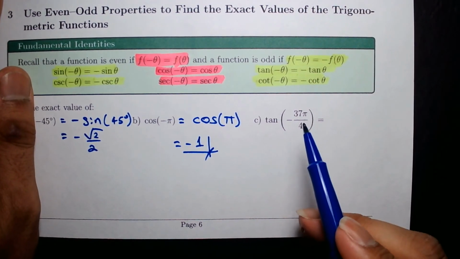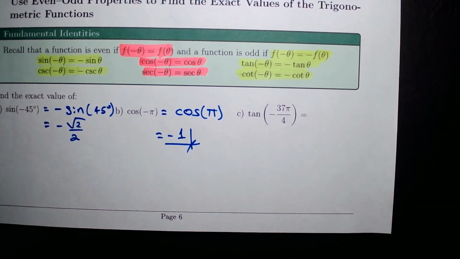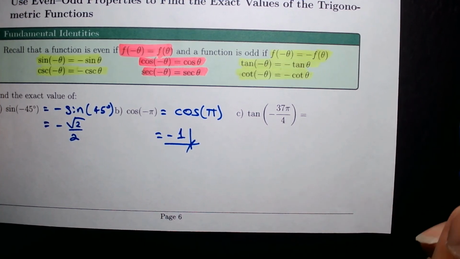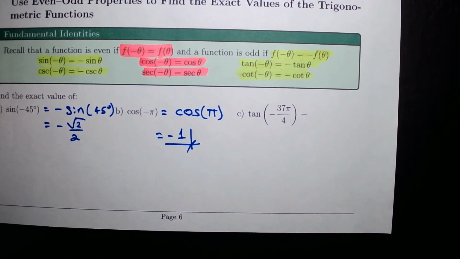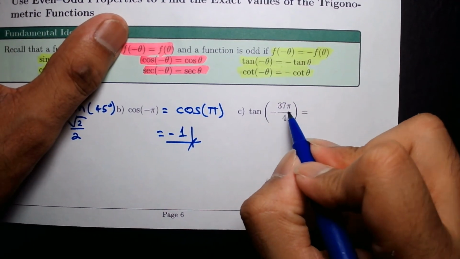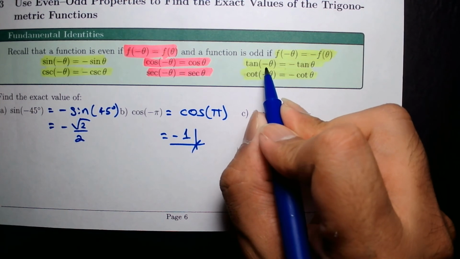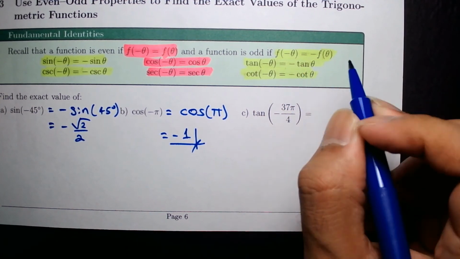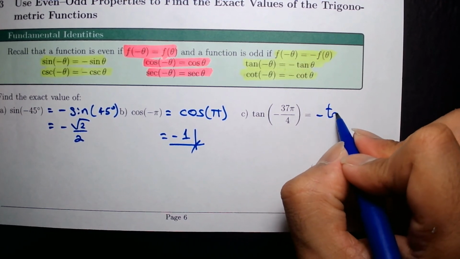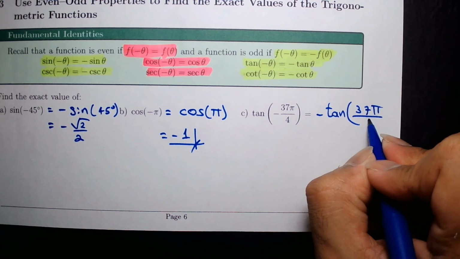Now, tangent of negative 37 pi over 4. Oh boy, this one is going to be a bit of a mess, because it's going to be a really huge angle. So what we're going to do is take out the negative sign, because the tangent function is an odd function, so that's going to be negative tangent of 37 pi over 4.